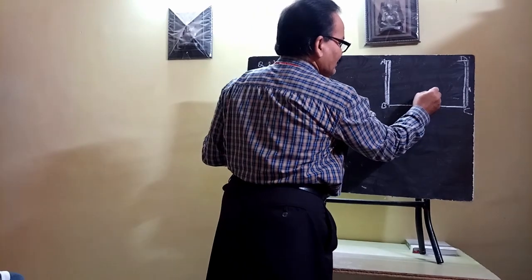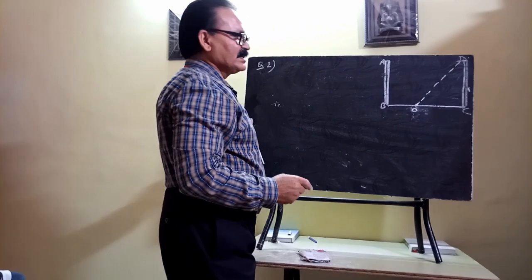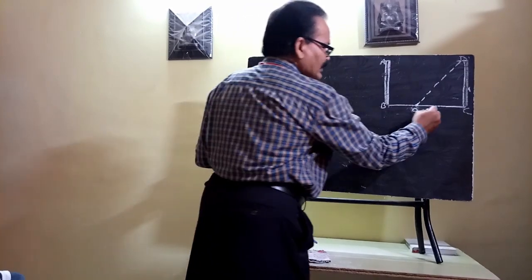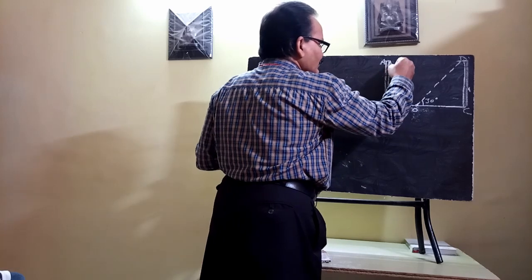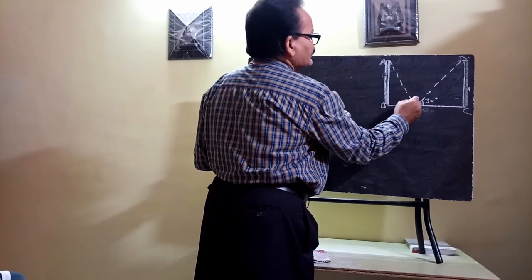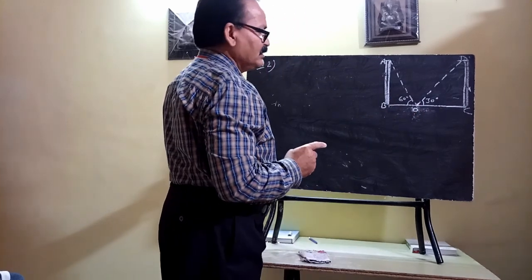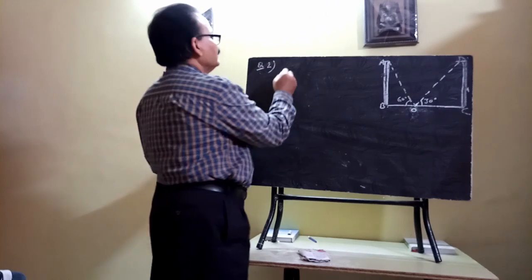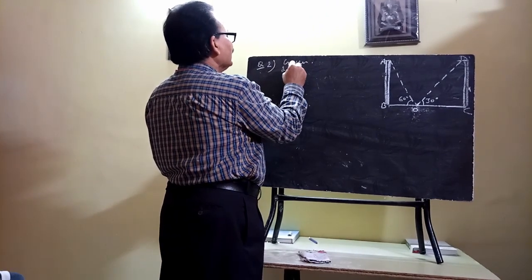The angle of elevation for the pillar which is at greater distance from O is 30 degree, and for the nearer one it is 60 degree. You got it? Now you have to write the given in the figure alongside.